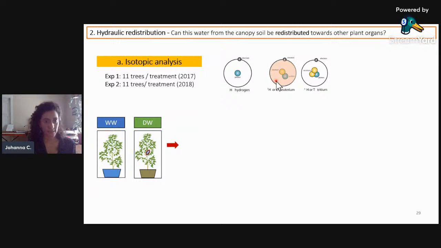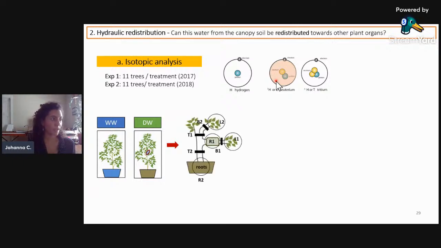So what we did is enrich those samples. This is just a very simple diagram of where we add the water. Here we have the canopy soil, and we enriched this canopy soil with heavy water. And then we collected samples of different parts of the tree.